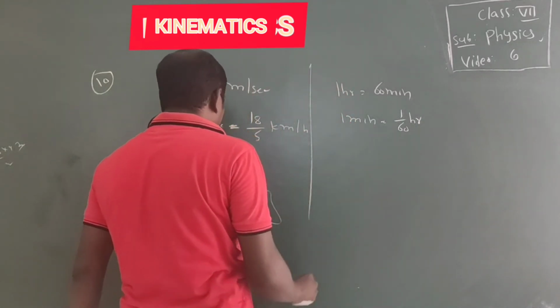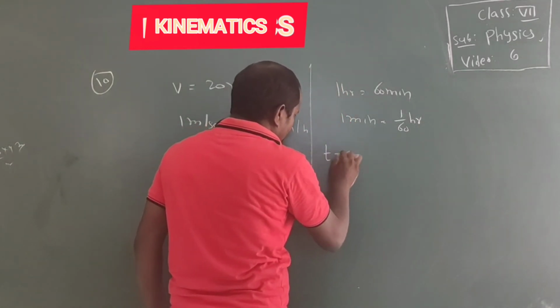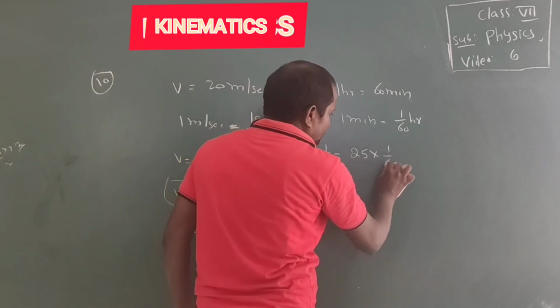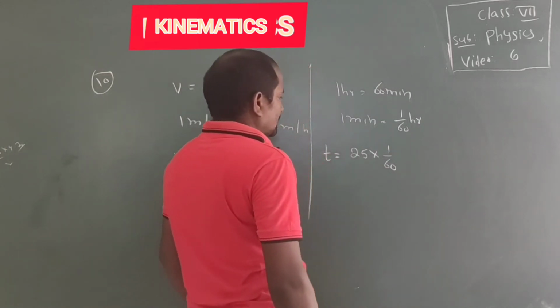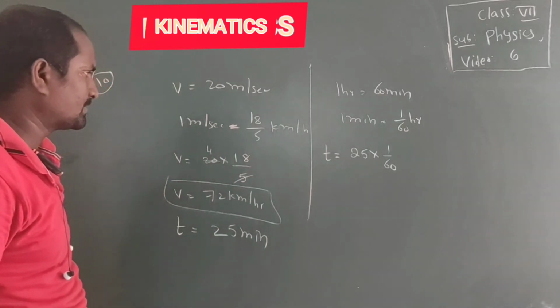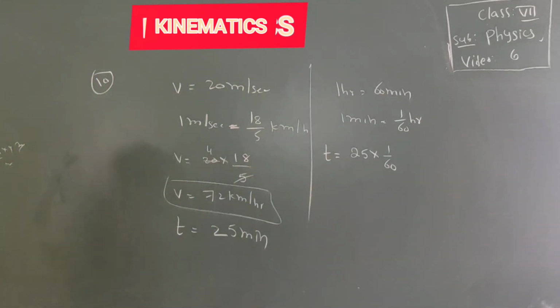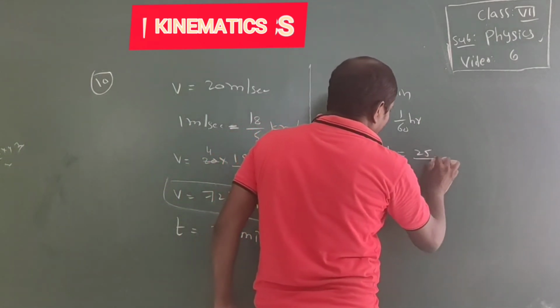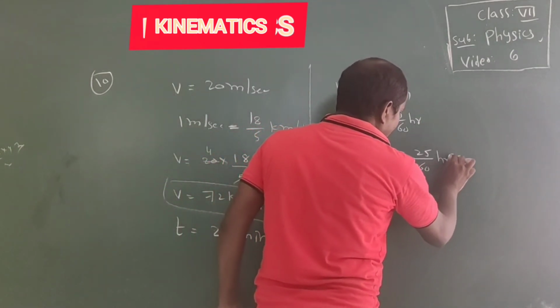Therefore, here t equal to 25 into 1 by 60. So here you can write 25 by 60 hours.